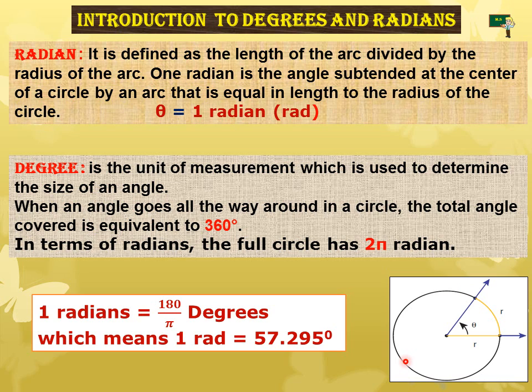In terms of radians, the full circle has 2 pi radian. So half the circle has pi radian. So 1 radian is equal to 180 degree divided by pi, which means 1 radian is equal to 57.295 degree.